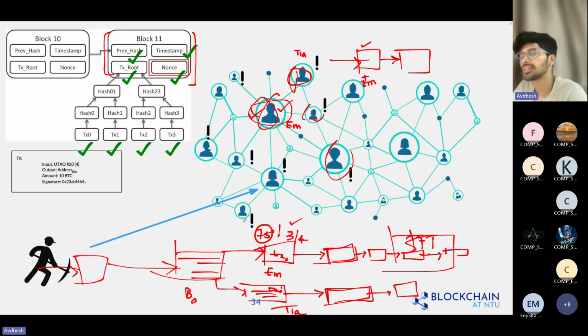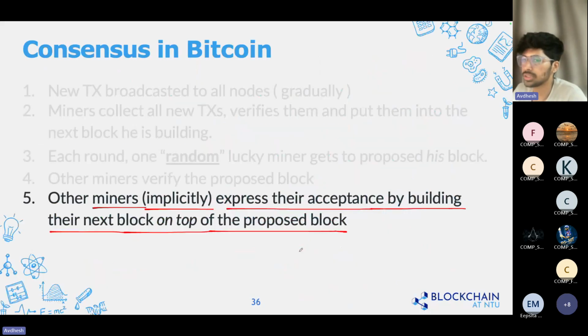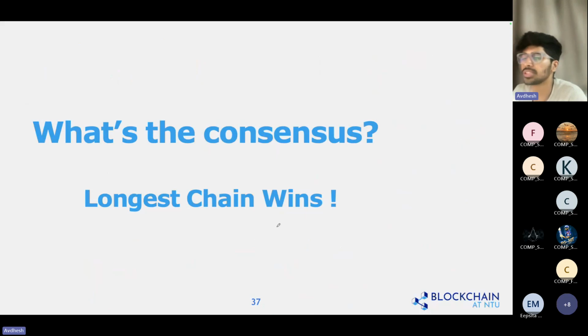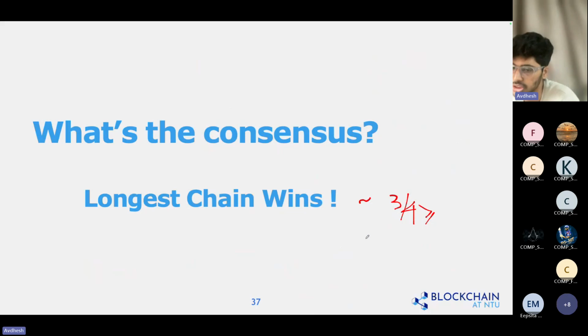Okay, so there's this dilemma now, like whom to follow. So the Bitcoin system says whoever has the longest chain, which is equal to saying that whoever has 3/4 or more of consensus wins. They will definitely have the longest chain.